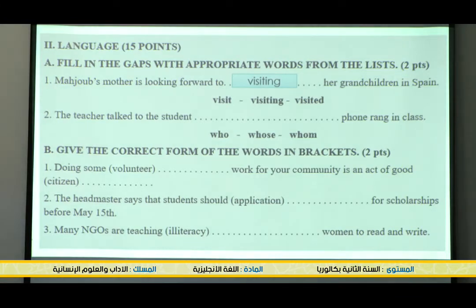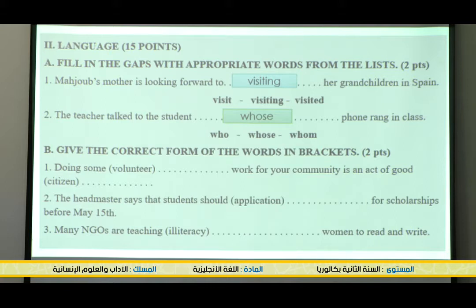Again, I want you to think about it for a second. And the correct answer is whose. Yes, whose is used to indicate possession. The teacher talked to the student whose phone rang in class.